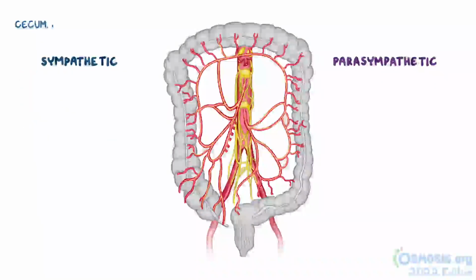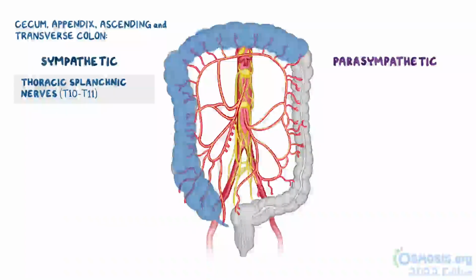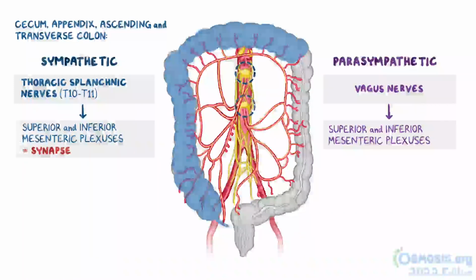So, for the cecum, appendix, ascending, and transverse colon, sympathetic fibers derive mainly from the lesser thoracic splanchnic nerves coming from T10 and T11, while the parasympathetic fibers are derived from the vagus nerves. Together, they go to the superior and inferior mesenteric plexuses, where only the sympathetic fibers synapse in different prevertebral ganglia to their postsynaptic neurons.